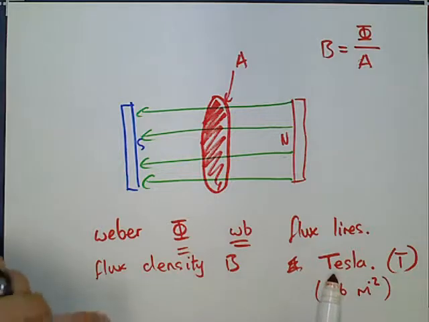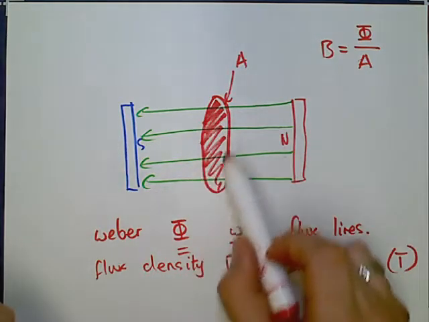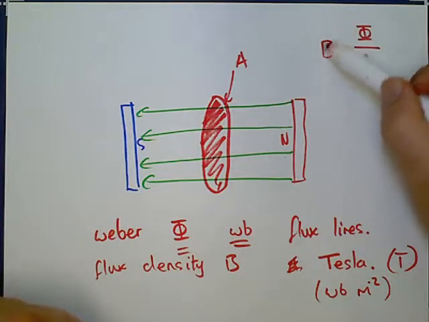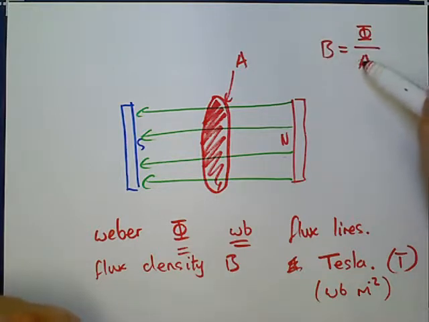Teslas are a measure of flux density, i.e. the amount of flux lines you have per unit area, which is a nice simple explanation. So that's what flux and flux density are. And normally we define flux density as the amount of flux per unit area, because we usually get asked to define flux density.